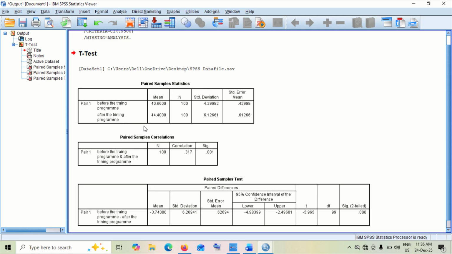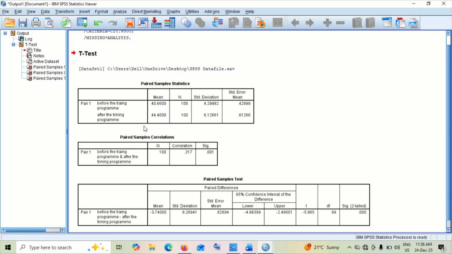Therefore, there exists a mean difference in the adoption level of ICT before and after the training program. Hence, we have to check whether the difference is significant with the help of paired sample test statistics.